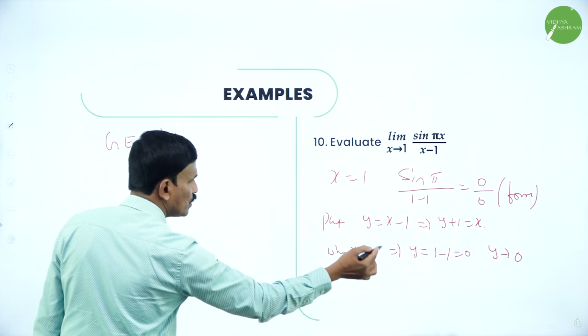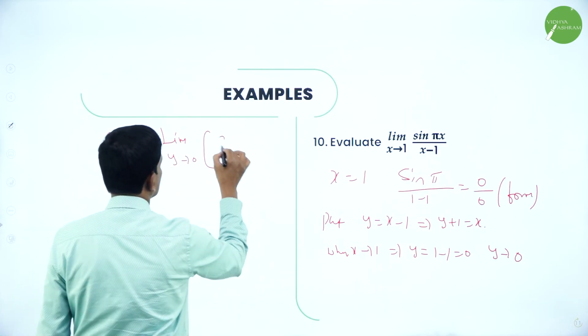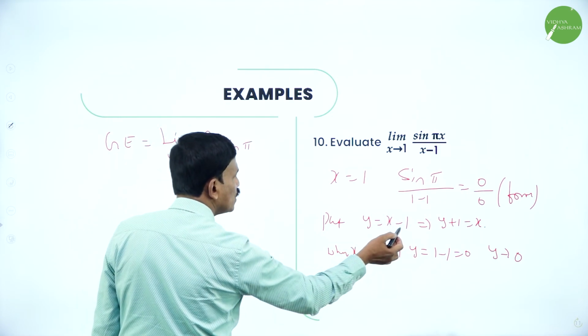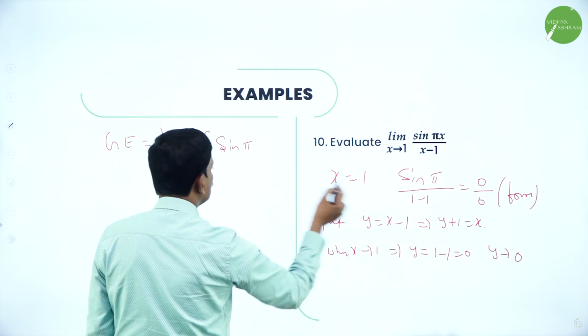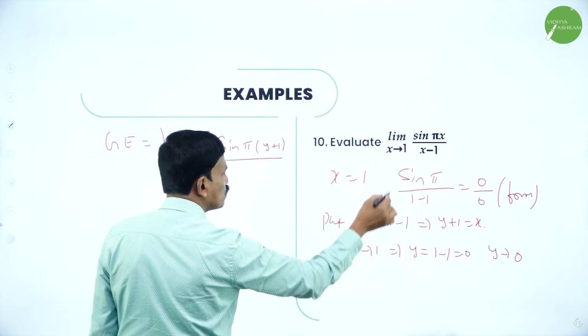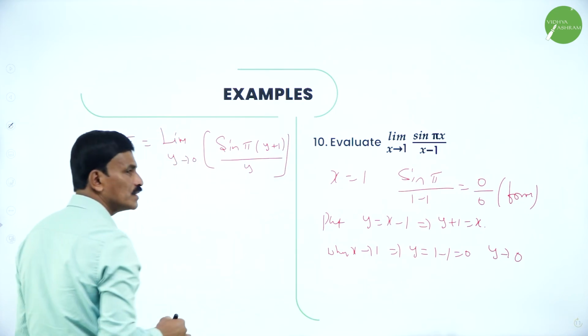So x tends to 1 can also be written as y tends to 0 of sin of pi times x, and the substitution we have taken is x is equal to y plus 1, divided by x minus 1, which is y. Now simplify this.